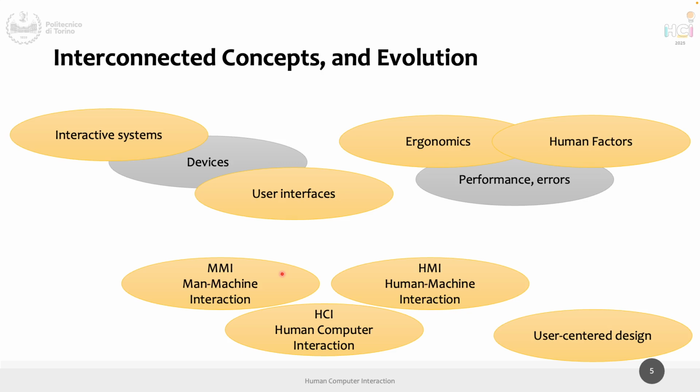But it's not the machine part the problem. Because you can also have woman-machine interaction, no? It's not just man. So that was superseded by human, that is more general. And then human-machine interaction is still used as a general exception to include all the things that are not computers. So interaction between a person and something.